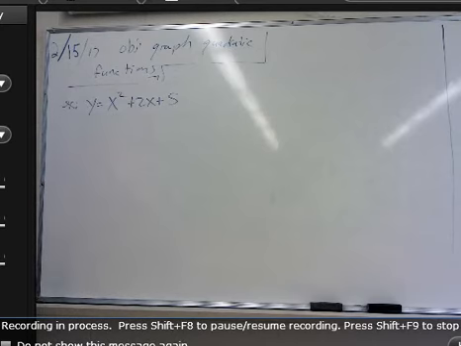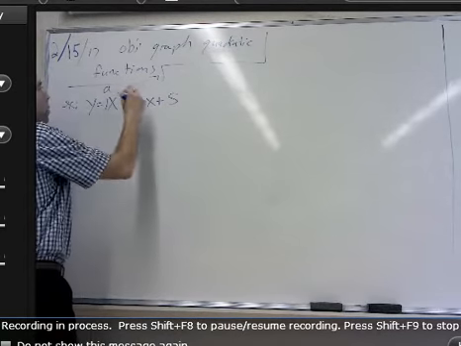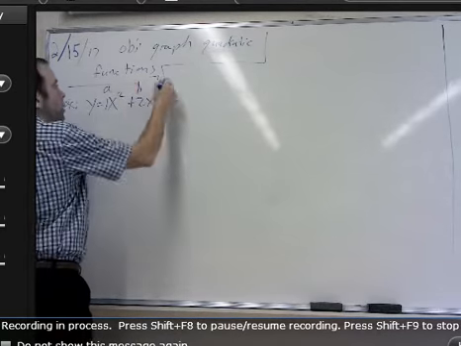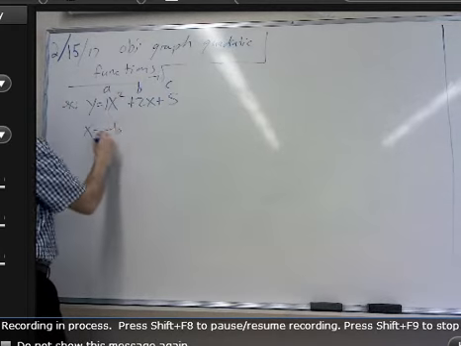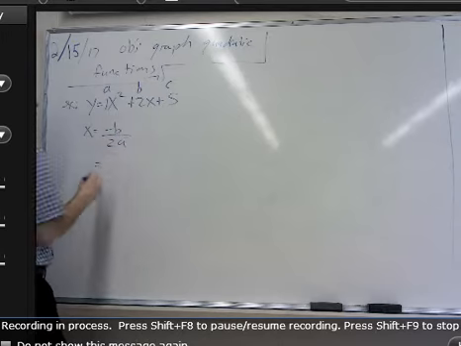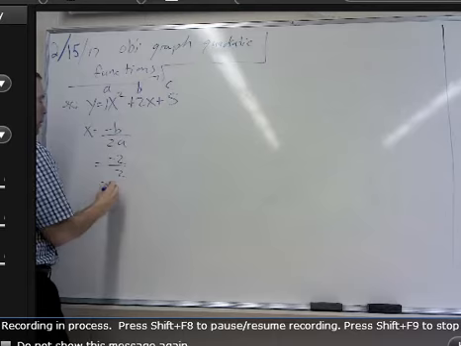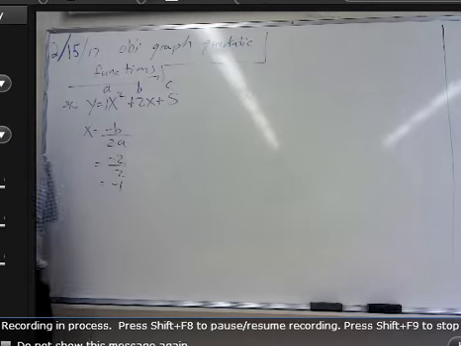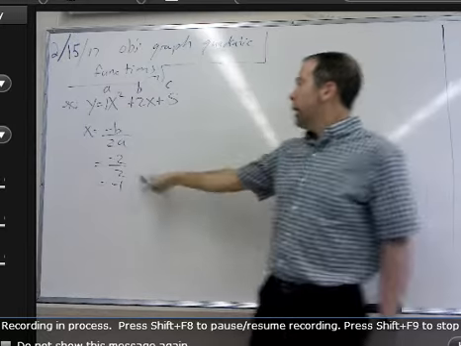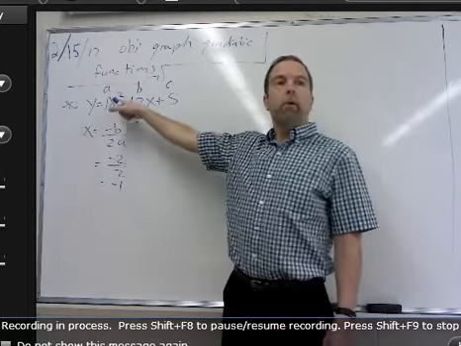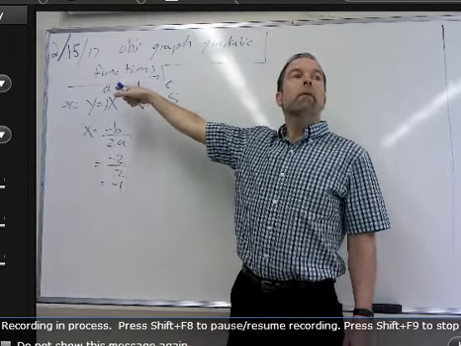Do the A, B, C thing. Good. A is 1, B is 2, C is 5. So x equals negative b over 2a, which is negative 2 over 2, which makes negative 1. So we know the x-coordinate is negative 1. To get the y-coordinate, just plug in negative 1. Negative 1 squared is 1, right?